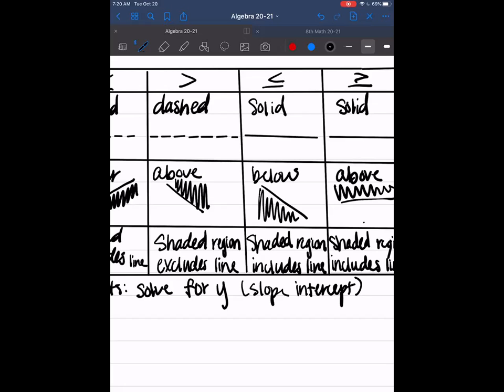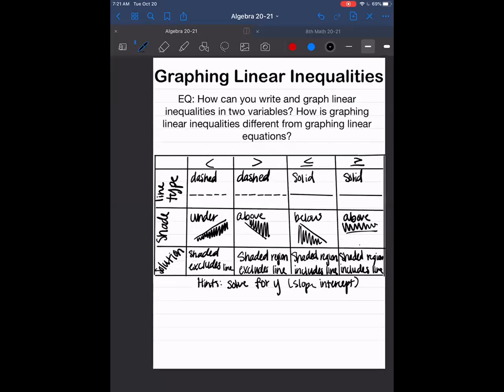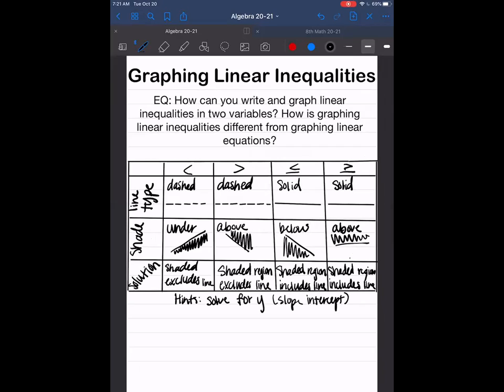And I would use the table to always have an idea of what the graph should look like at the end. Start off with what it's supposed to look like, and also remember if it's a positive slope or negative slope, that still stays the same. Just because our equal sign is changed to an inequality, the slope-intercept form has not changed. It's still y, inequality sign, mx plus b, where m is our slope and b is our y-intercept.